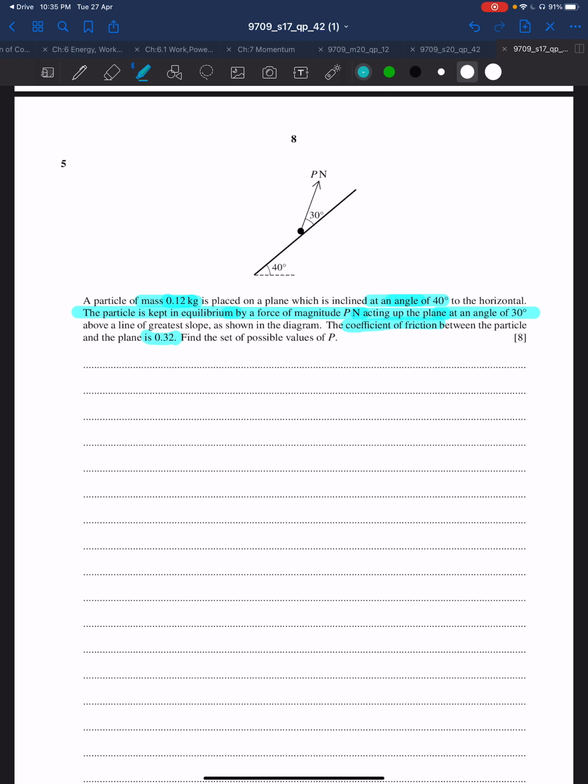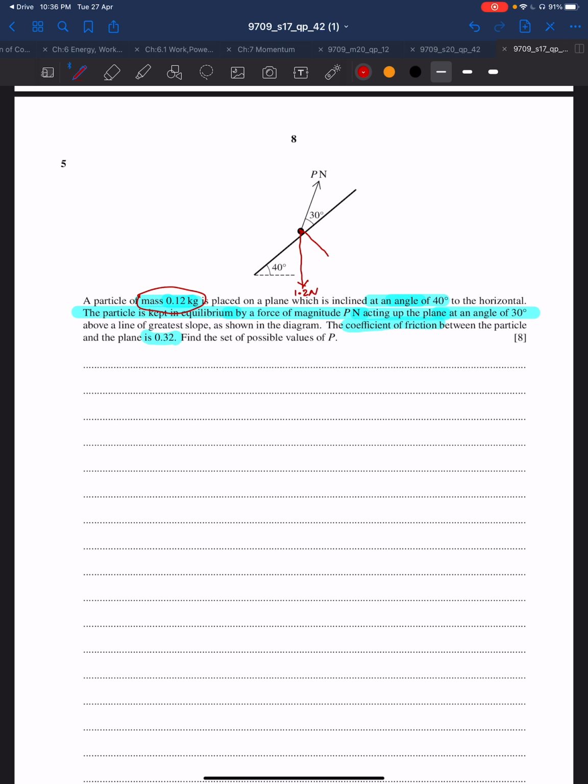So there would be two things. First of all, we have to understand this situation very clearly. There are two angles, the surface angle and the force angle, so we have to find the horizontal and vertical components of these. This is mg. What is this mg? The mass is 0.12, so this will become 1.2 Newton.